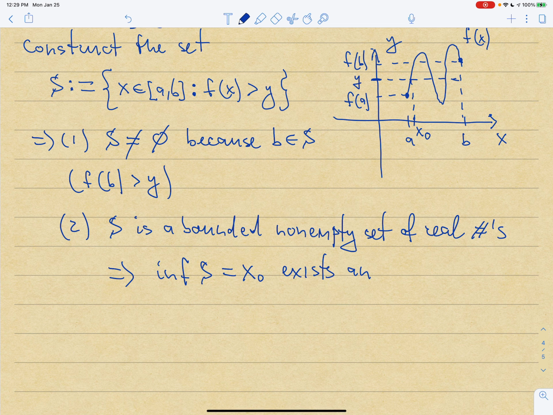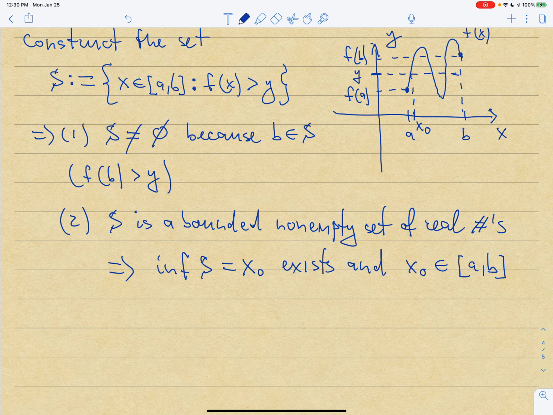And moreover, because the set S is completely contained inside the closed interval from A to B, x0 is also an element of [A, B]. Okay?